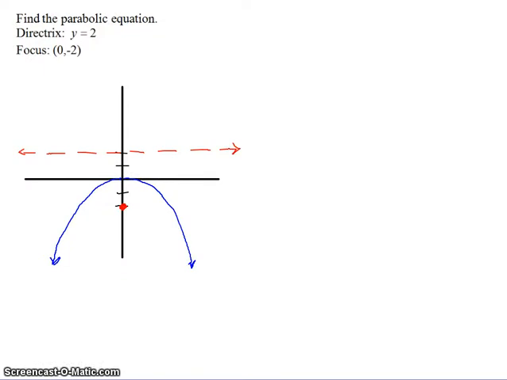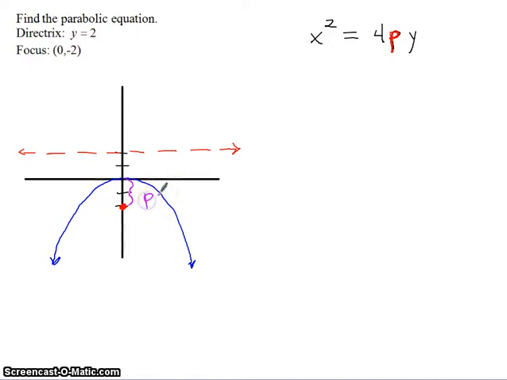So because I have a parabola that's face down, I know I'm dealing with the equation x squared equals 4py. The only thing that I need to find to come up with the equation of this parabola is the p-value. What is the p-value? The p-value is going to be negative because we're faced towards the negative y direction. Remember, the p-value is the distance from the vertex to the focus point, and we see that we have a distance of 2 there.